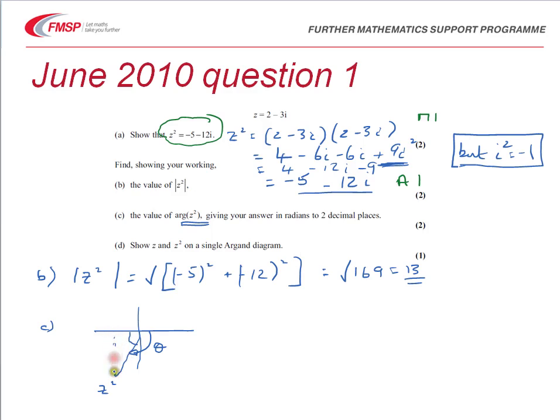We can see that this side of the triangle is 5 and 12, so theta is going to be, we're working in radians here, theta will be pi minus tan to the minus 1 of 12 over 5.